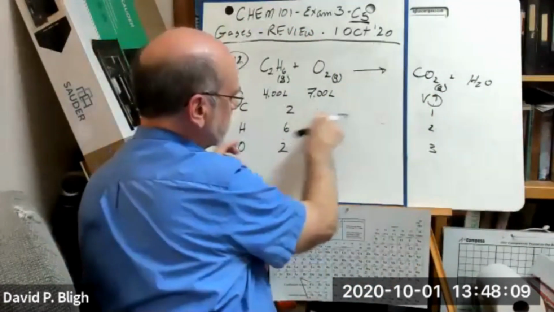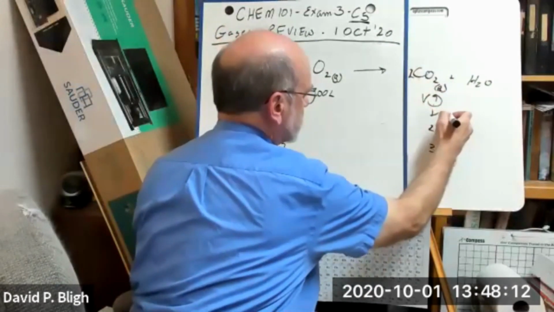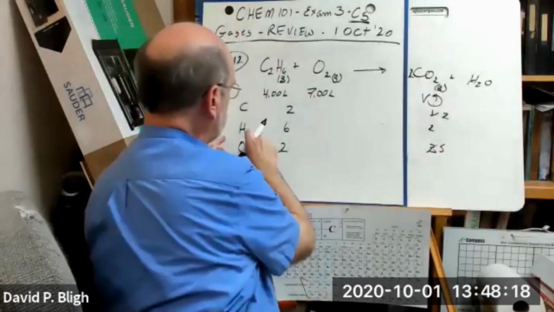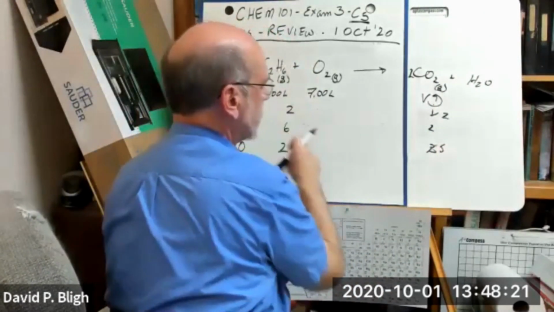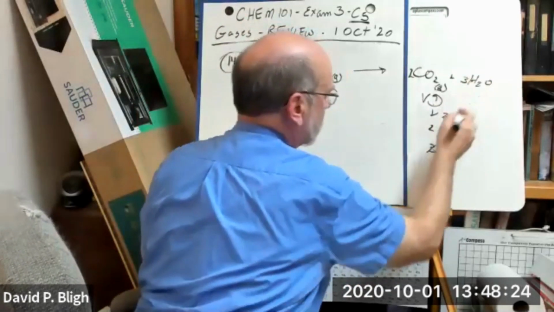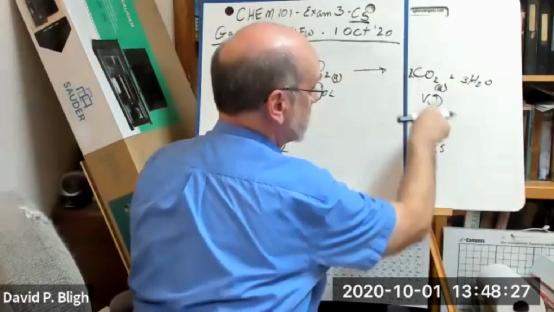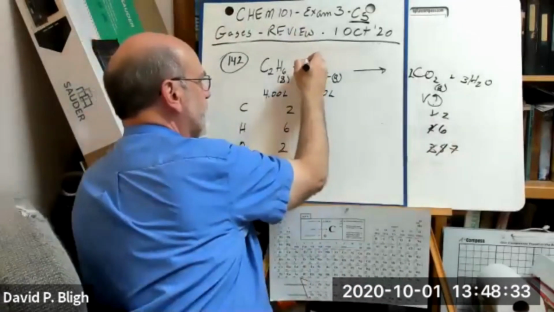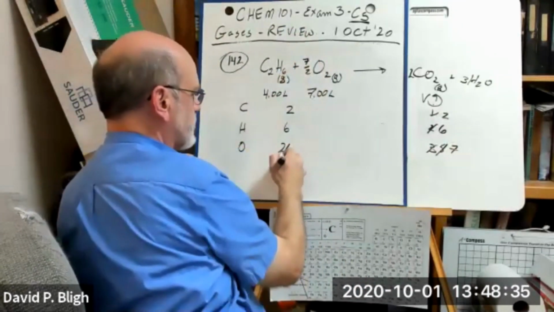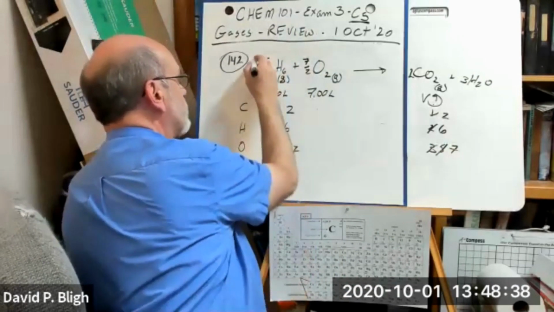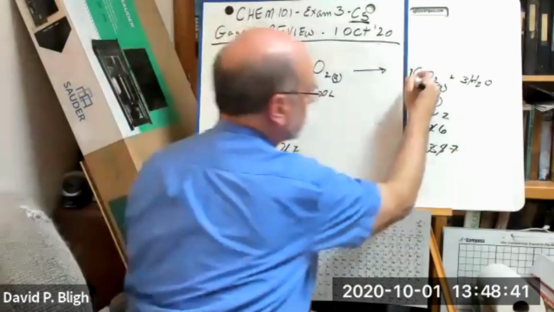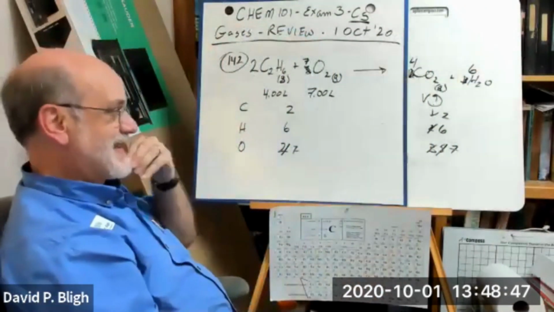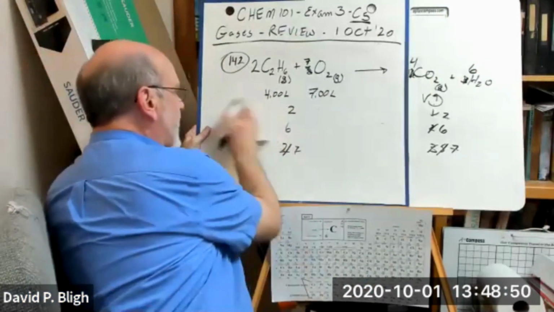Okay, so if we say 2 carbons here, that changes this to 2 and this to 5. Hydrogen then, let's say we go 6 here, we need 6 hydrogen here, so we have 3 there. So that makes 6 hydrogen there, but that changes the oxygen to 4 plus 3 is 7. Okay. So we need 7 halves there to give us 7 here. And then overall, we have 2, 7, 4, and 6. Okay, now we've got a balanced equation.